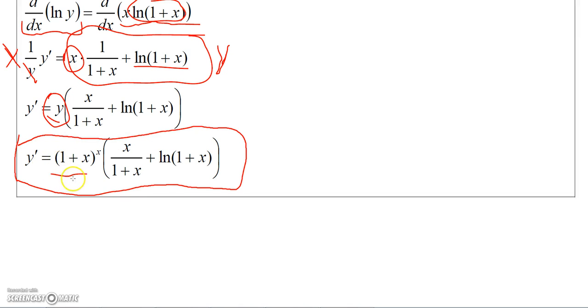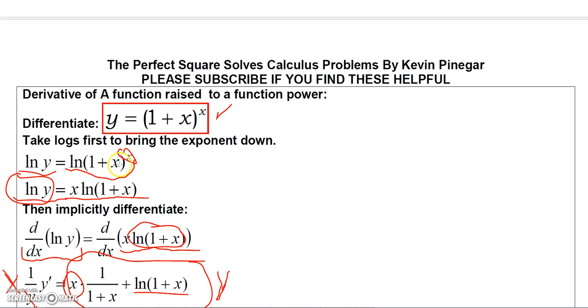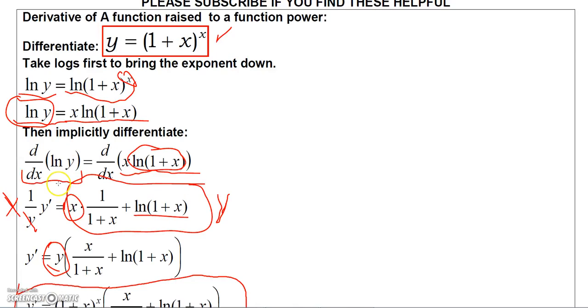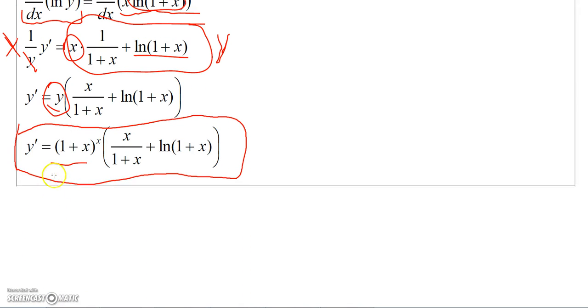So the derivative of this original function up here is actually equal to 1 plus x to the x times the quantity x over 1 plus x plus the natural log of 1 plus x. And so that's all there is to it. That's how you find the derivative of a function of x raised to a function of x.